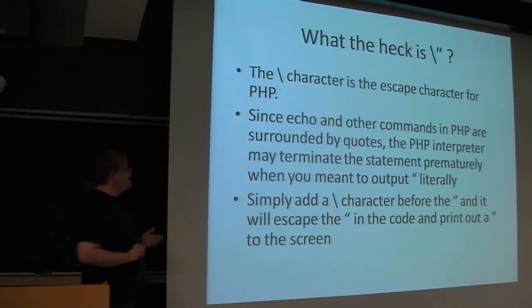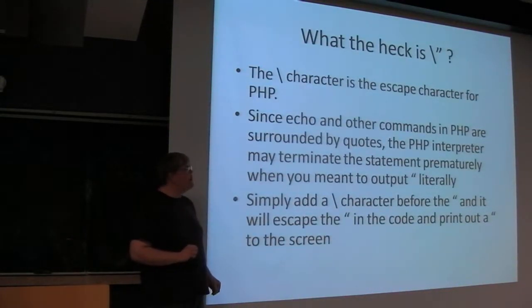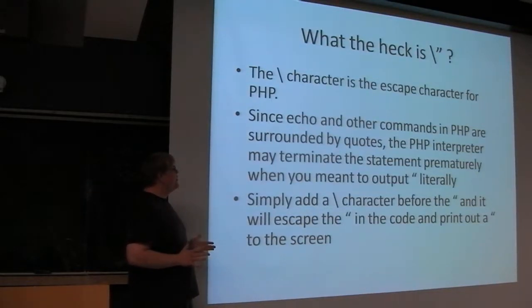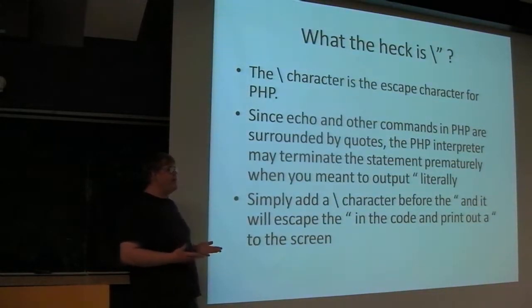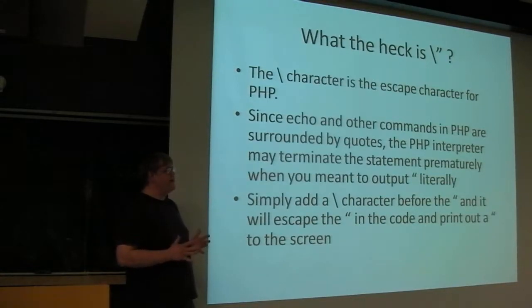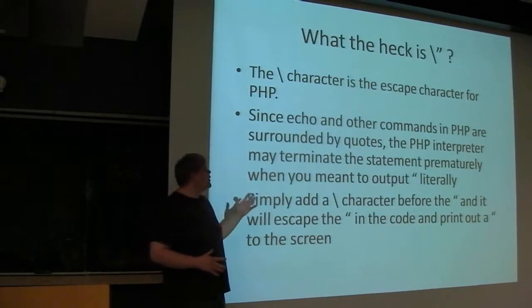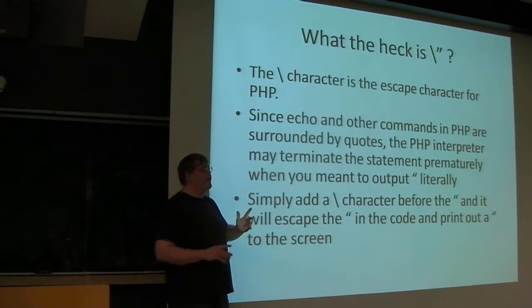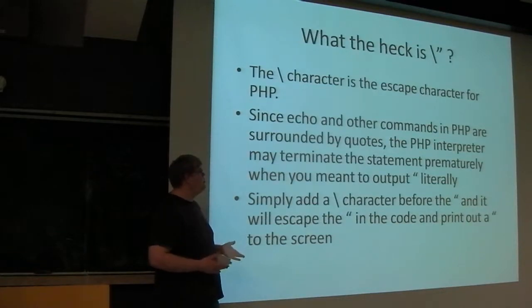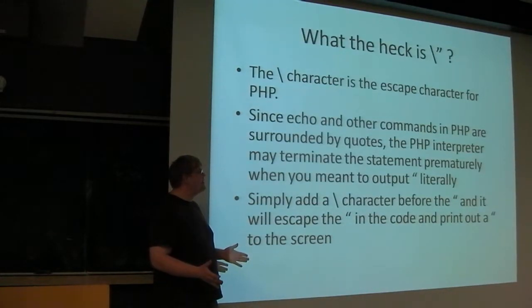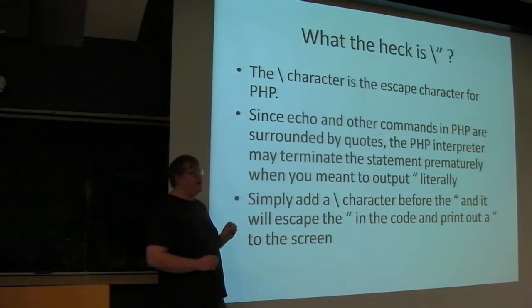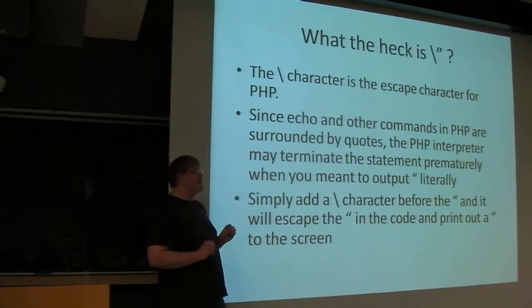So what the heck is this escape character? Well, in PHP, like most languages, we have a bunch of stuff that the operating system sees that may not be really great. So, for example, the quote character, if you're inside of a big, huge echo clause, is going to terminate the quote, and then PHP will expect a semicolon.